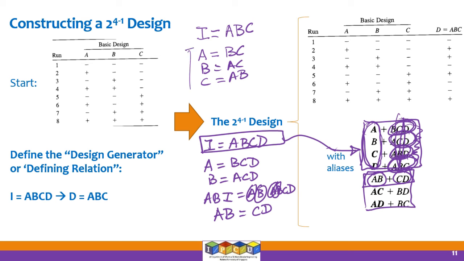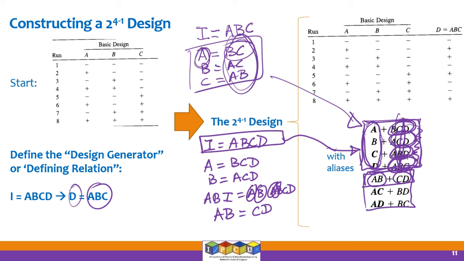So this is dangerous compared to the other, because your first order or direct effect is confounded with a two-factor interaction effect. These could be significant in systems. So you're going to be in trouble if you do it this way. So the other way is good. That means if you define D is equal to ABC, that is probably going to be the best way for you to do the experiments.